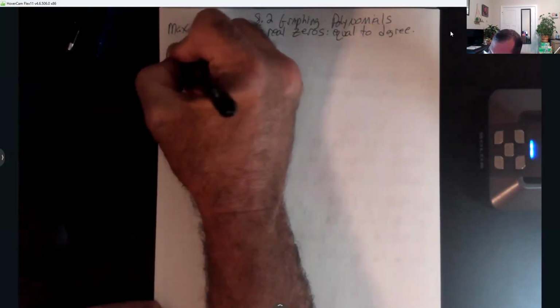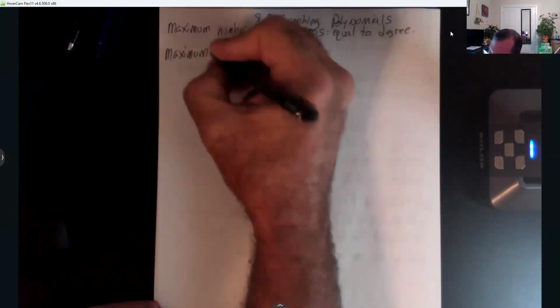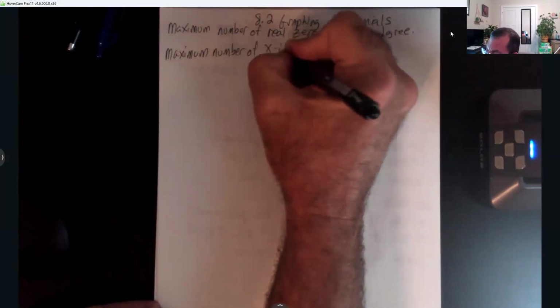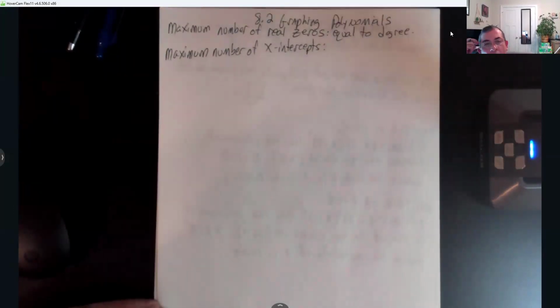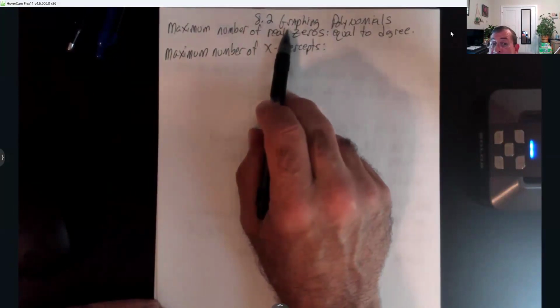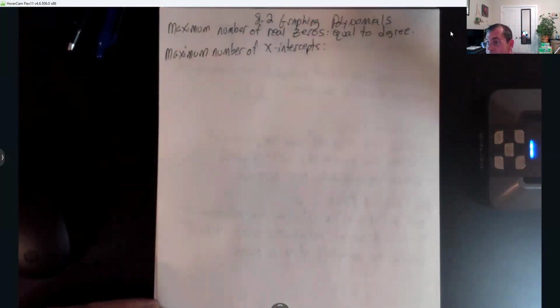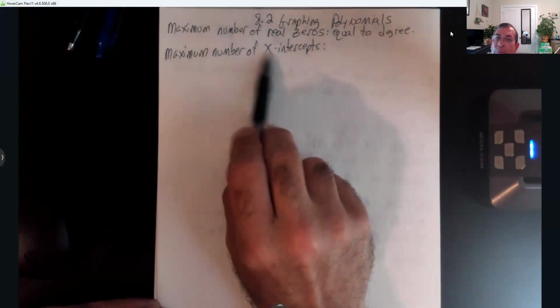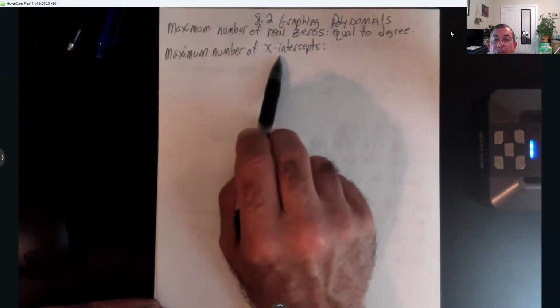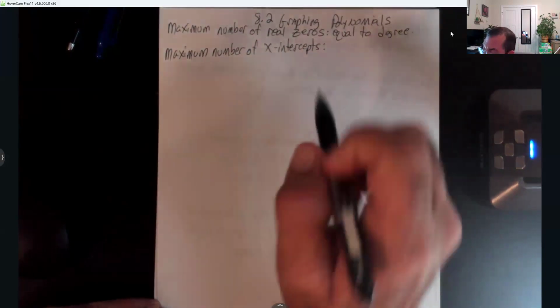Well, what about this? The maximum number of x-intercepts. We said that x-intercepts were basically the same thing as zeros, right? We had that picture where you had to find the x-intercepts and the zeros. So since x-intercepts are basically the same as real zeros, the maximum number of x-intercepts is equal to the degree again.